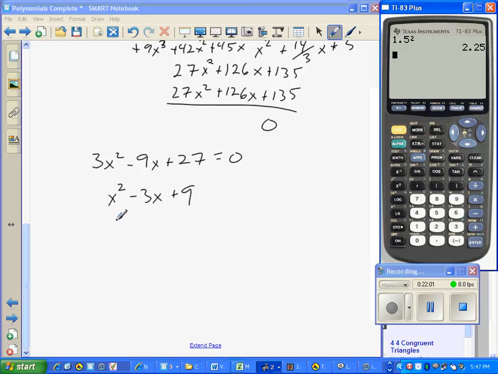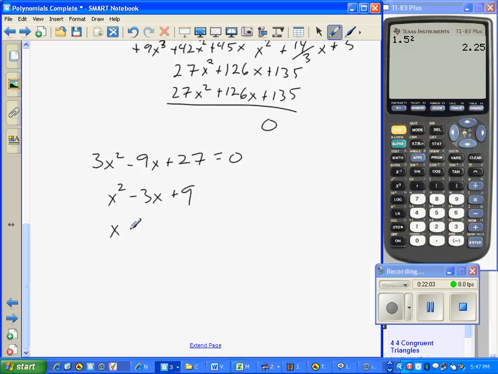So I'm going to do x squared minus 3x. I need this to be 9/4, so I'm going to add the 9/4 on. I'm going to subtract it away, and I've still got the plus 9 that was there before.